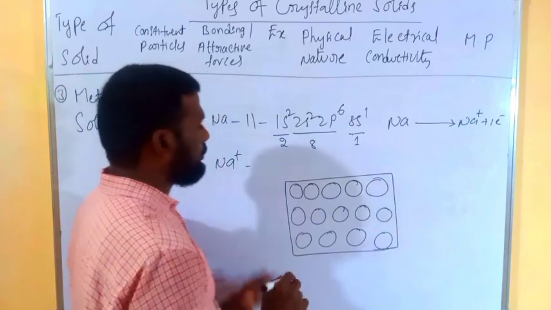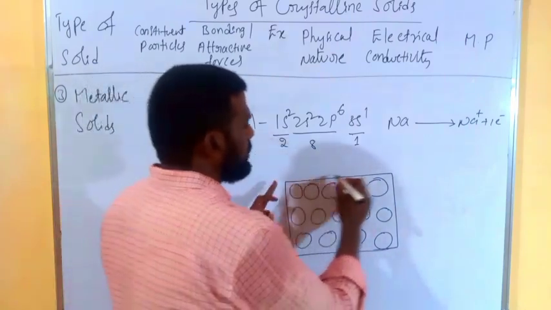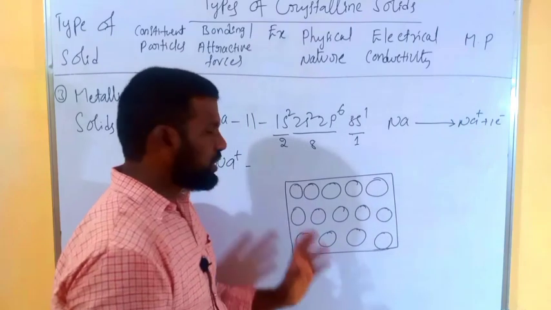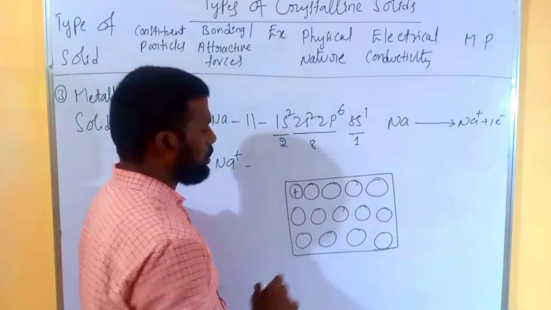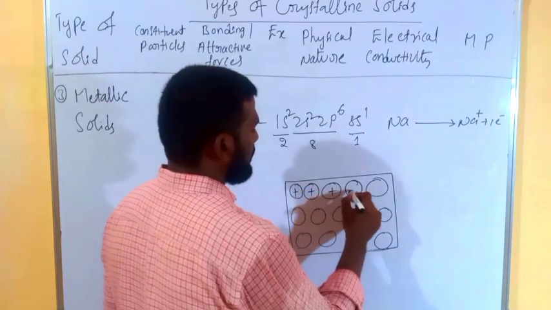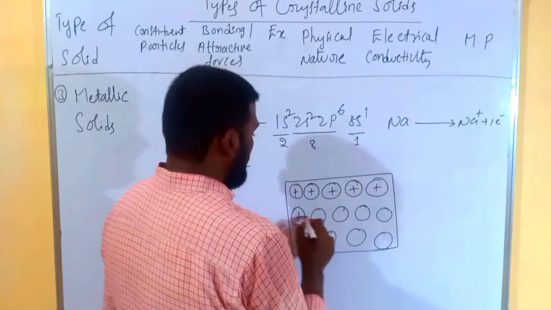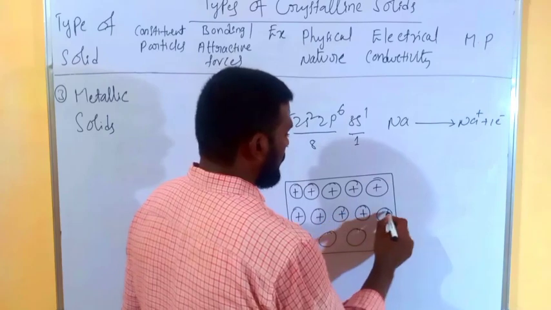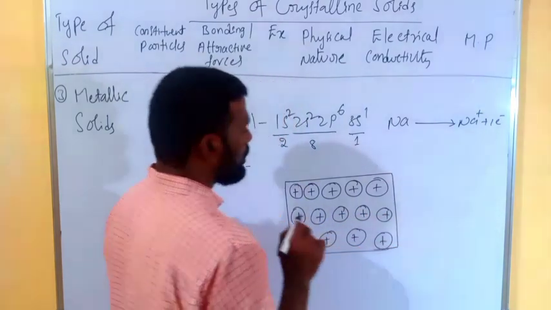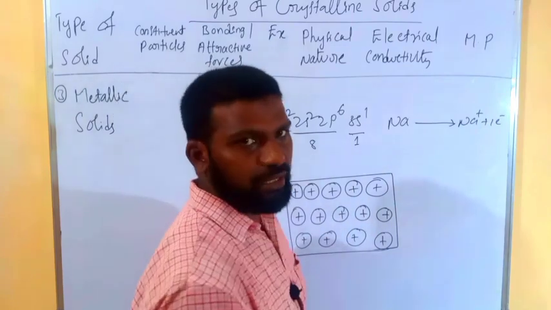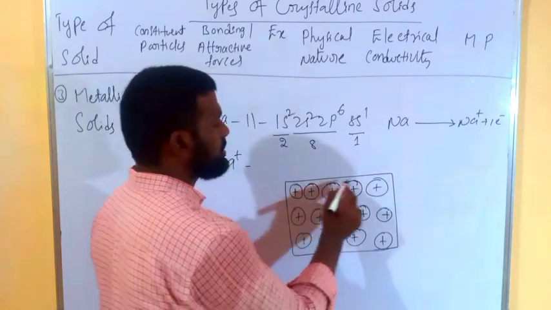Now in a sodium crystal, each sodium atom after losing an electron becomes a Na plus ion, a positively charged ion. But the lost electrons do not move out of the crystal lattice. What are these electrons? These are all the electrons released by sodium atoms.